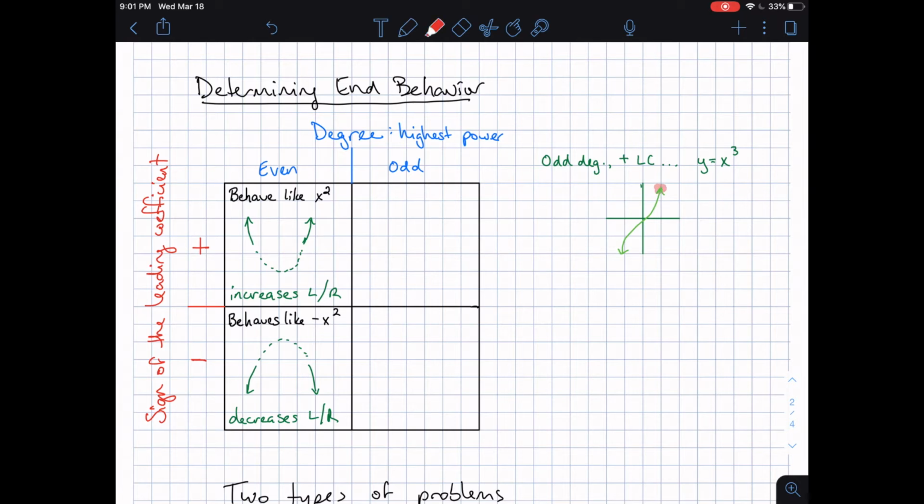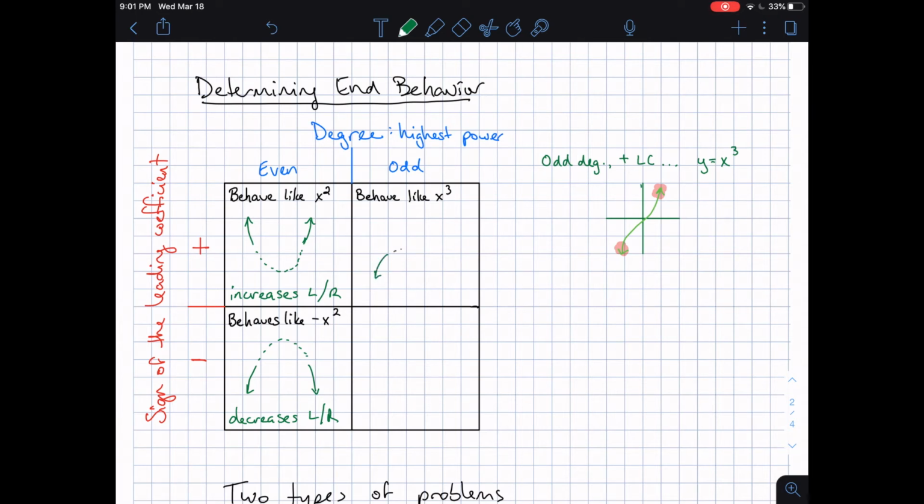Well, what happens on the ends? Right, I can see on the ends that to the right I'm increasing, but to the left it's decreasing. So we're going to say that this is going to behave like x cubed. No matter what happens with the function otherwise, if it's an odd degree and a positive leading coefficient, my graph is going to look like x cubed. Well, what does that look like?